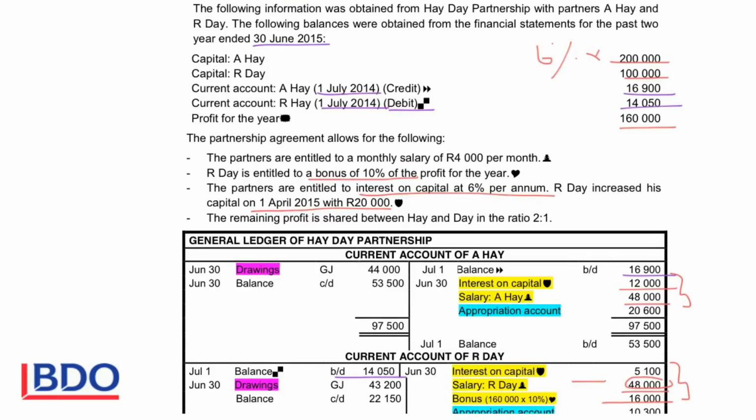After we've taken all the other expenses into account, that will reduce this profit of 160,000. The remaining profit that's left over will be divided between the two partners in the ratio 2:1.